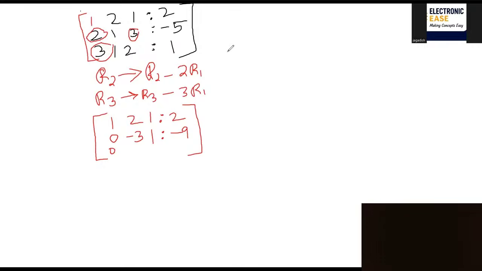R3. So R3 is 1 minus, what is that? 3 into 2. So how much you will be getting? What you will be getting, children? You will be getting minus 5. Minus 5. So next what you will be getting? 2 minus 3 into R1.